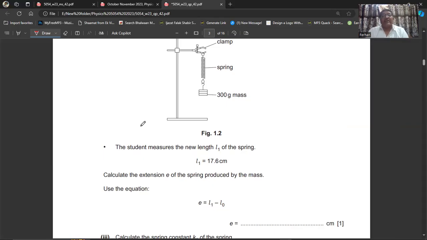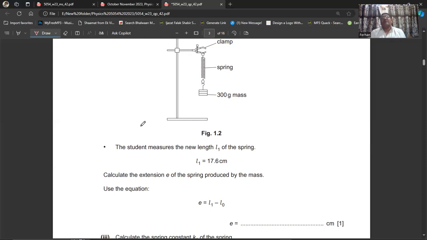Calculate the extension E of the spring produced by the mass. Use the equation E equals L1 minus L0. Now I know the unstretched length L0 is 5.5 centimeter. When you have hung the 300-gram mass, the stretched length L1 is 17.6 centimeter.